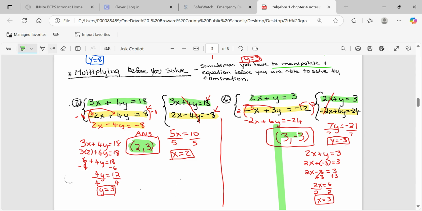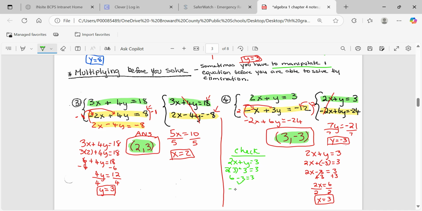And now I'm going to go ahead and check. So again, when I check, I know that the first one, 2x plus y is equal to 3. 2 times 3 then minus 3 should equal 3. 6 minus 3 is 3. Yes, the first one is good.